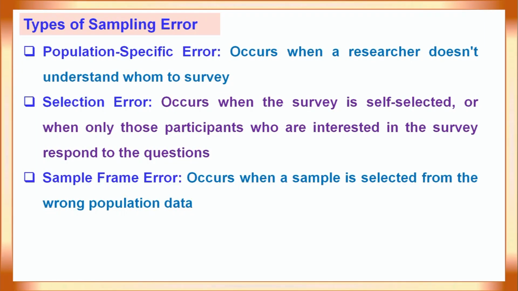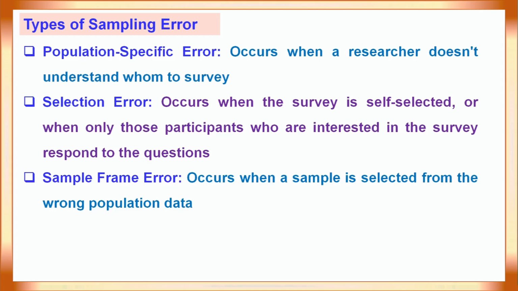Now, those people who use that product, or who have a very positive or very negative opinion about it, will take part in the survey. The rest may ignore it. So, only those participants who are interested or already users of the product will answer the questions. These are all examples of selection error.